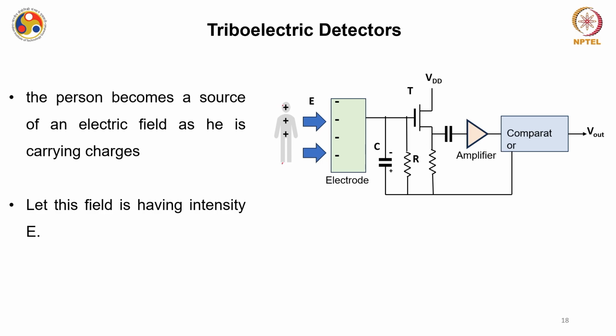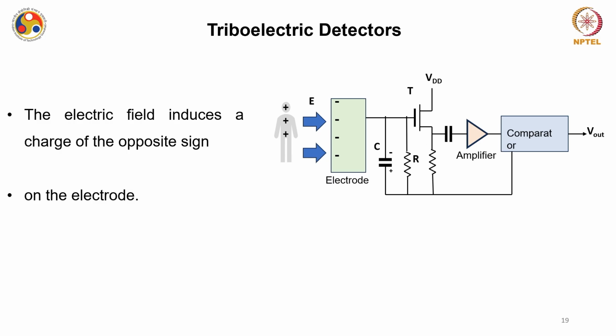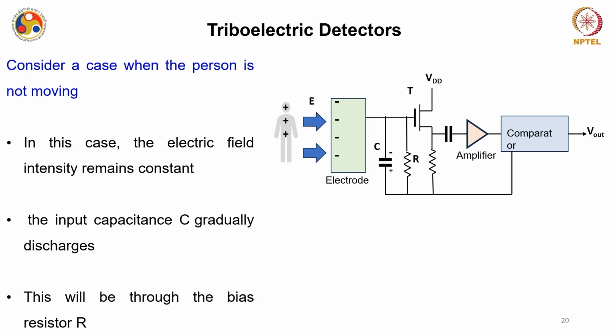When he is carrying this positive charge, automatically when he comes near this electrode, a negative charge is induced on this electrode, and immediately an electric field, say with intensity E, is established between this person and the electrode. This electric field induces a charge of the opposite sign, as we have seen. Now let us consider two cases.